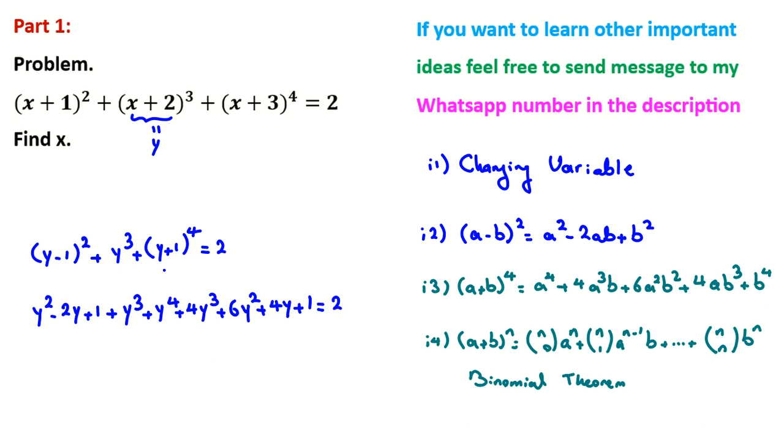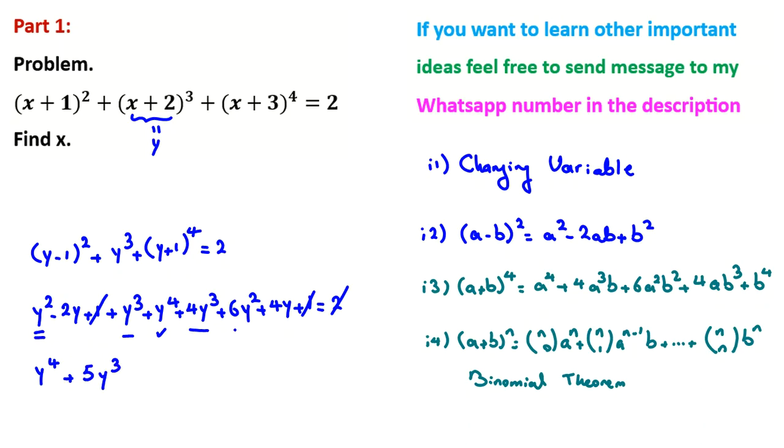Now let's simplify as much as we can. Here, 1, 1, and 2, we can cancel them. Y to the 4, we've applied this. For y cubed, 4y cubed plus y cubed, 5y cubed.